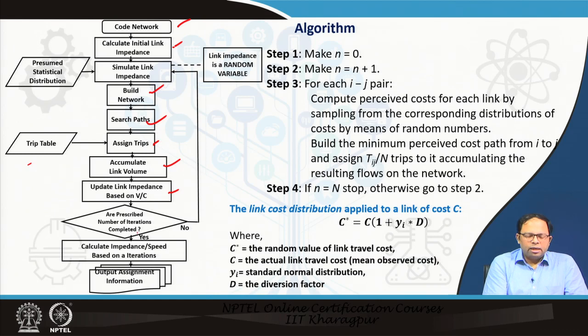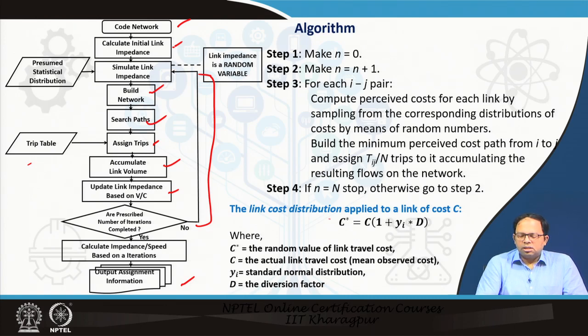Once the prescribed number of iterations is completed, we move on; if it is not, we go back and simulate link impedance for the other group of people, and so on. If it is completed, we calculate impedance based on speed and number of iterations, and we get the output assignment information. So, this is Boodle's algorithm.